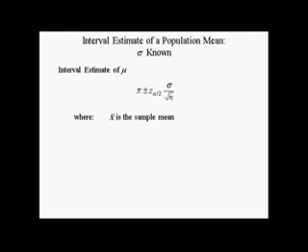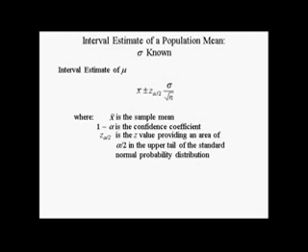X bar, again, is the sample mean. 1 minus alpha is the confidence coefficient. Z subscript alpha divided by 2 is the z-value, providing an area of alpha divided by 2 in the upper tail of the standard normal probability distribution. Sigma is the population standard deviation, and n is the sample size.